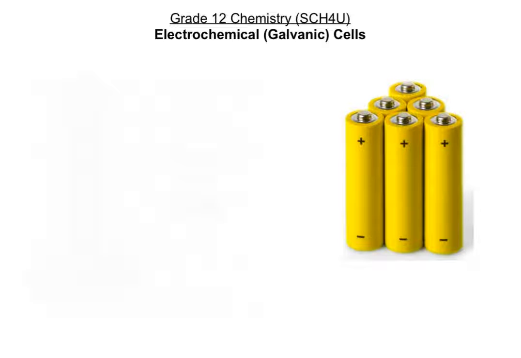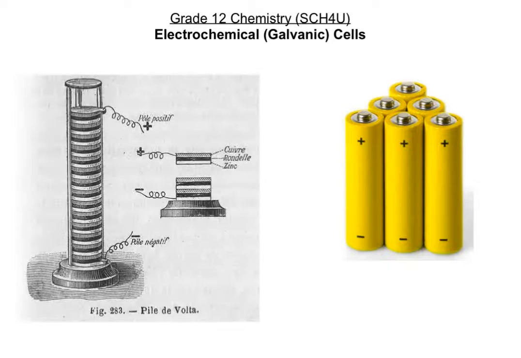So one of the first incarnations of a galvanic cell is this battery. It's called the Voltaic pile. It was developed by Alessandro Volta, an Italian chemist, around 1800. All he did was stack interchanging discs of copper and zinc, and in between them he had these little pads that had been soaked in sodium chloride, so they were electrolytic.